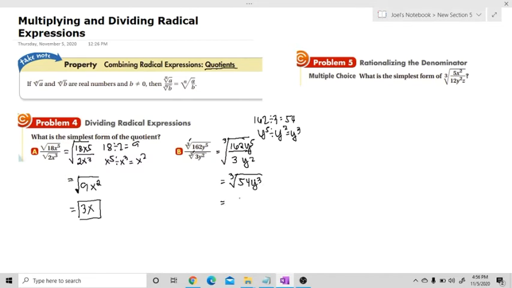Since 54 is not a perfect cube, we look for a factor of 54 that has a cube root. The factor of 54 that has a cube root is 27. So, we will express 54 as 27 times 2, times y cubed. Let's separate.